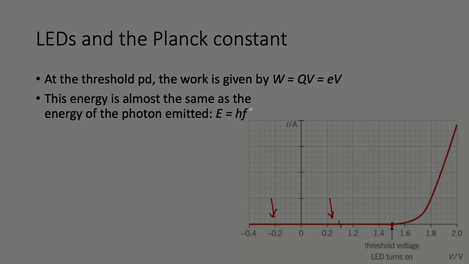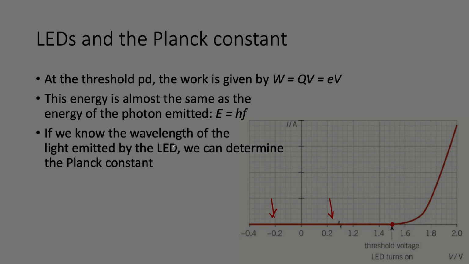But what we can say is if we're just at that threshold, then the energy that we're putting in is producing these photons which have this amount of energy. So if we know the wavelength of the light emitted by the LED, and by extension the frequency, and if we know the energy too, we can use that to calculate Planck's constant.